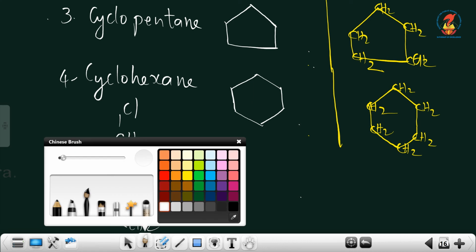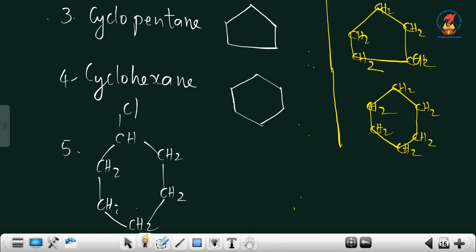Yes, first draw only the carbon-carbon bonds: single, single, single, single, single, single. No need to write any carbon or any hydrogen, but on this carbon there is a chlorine. Only that we need to draw.